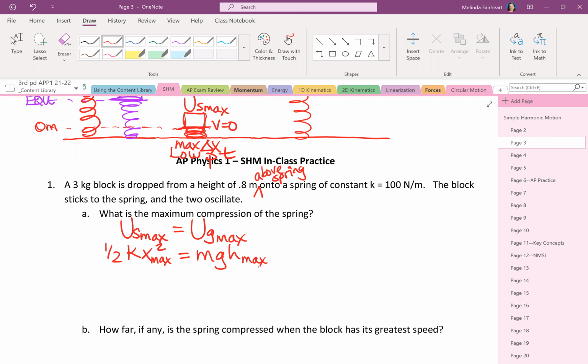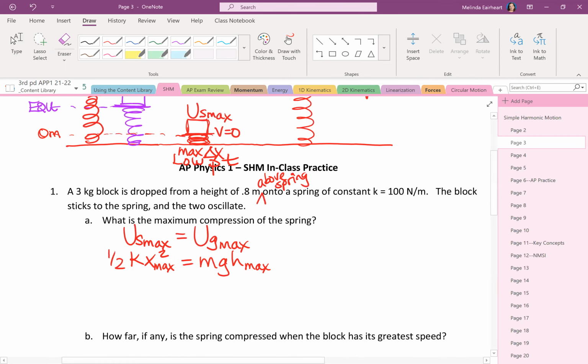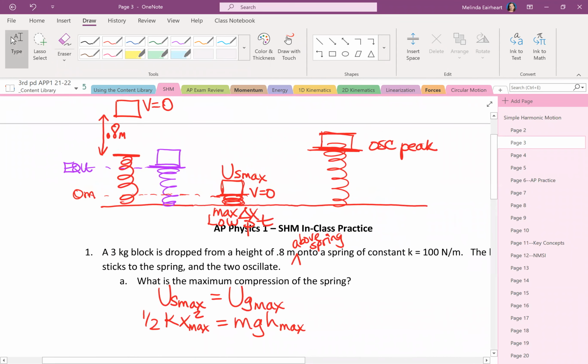Would we just put in 0.8? Well, it's a height change from the very beginning to the very end. Notice in our picture, from the very beginning to our zero point, this is our h max. It's 0.8 plus this maximum compression.